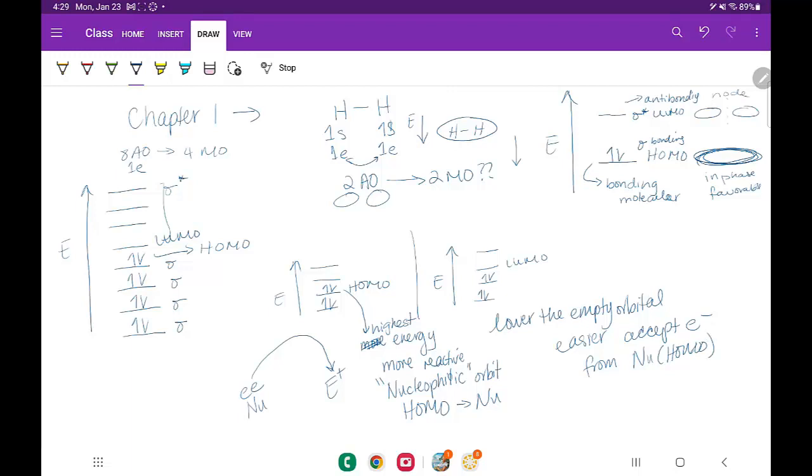If I want to put electrons into one of the antibonding orbitals, I want the lower one, the one that's easiest, because the higher an orbital is, the more energy it's going to take to put electrons in there.